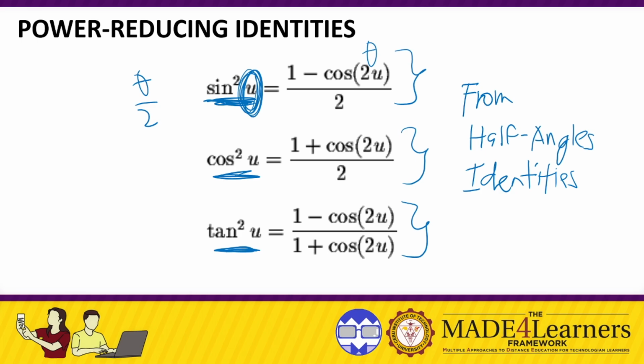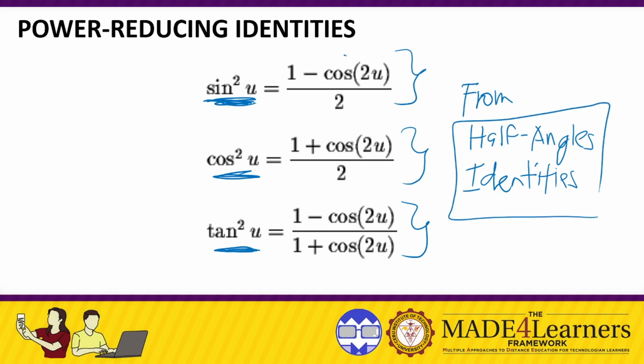However, if it's 4, it becomes 4 theta over 2, which is actually 2 theta. So theta here is u. It is derived from the half angle identities. So let's try to apply.